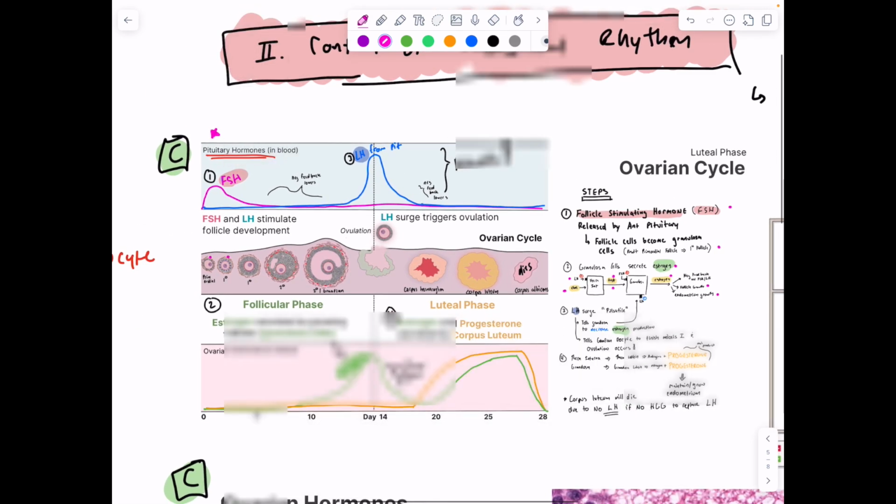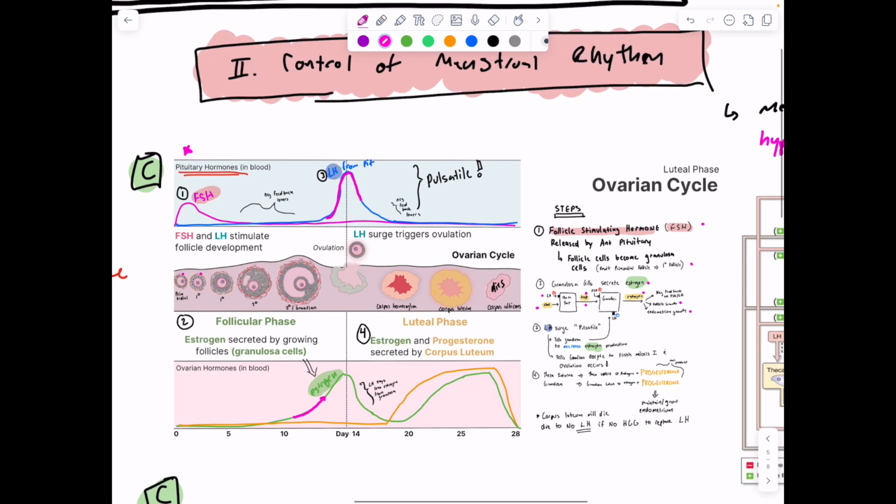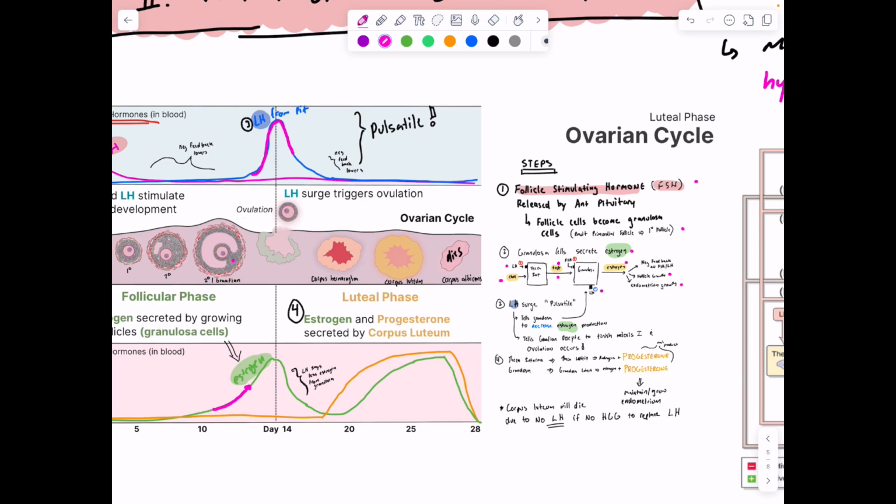All right, and so that's the first two steps. More granulosa cells, more estrogen being produced. Then you have a pulsatile release of luteinizing hormone from the anterior pituitary, and this pulsatile release is going to have a negative feedback on the granulosa cells, so they produce less estrogen, but it also causes ovulation.